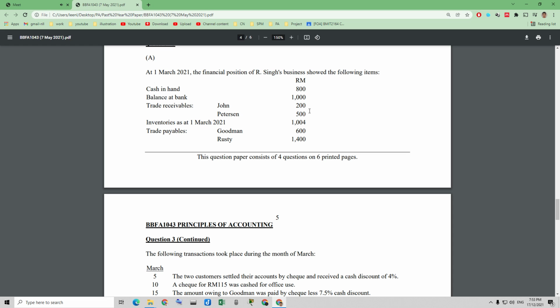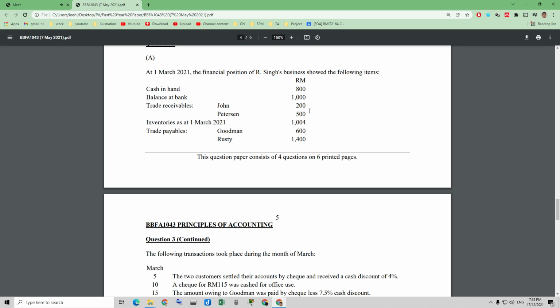Whereas doubtful debts, you have increase and decreases. So for increases, we debit doubtful debts, we credit allowance for doubtful debts. Okay, if it's a reduction, so we debit allowance for doubtful debts and then we credit doubtful debts.